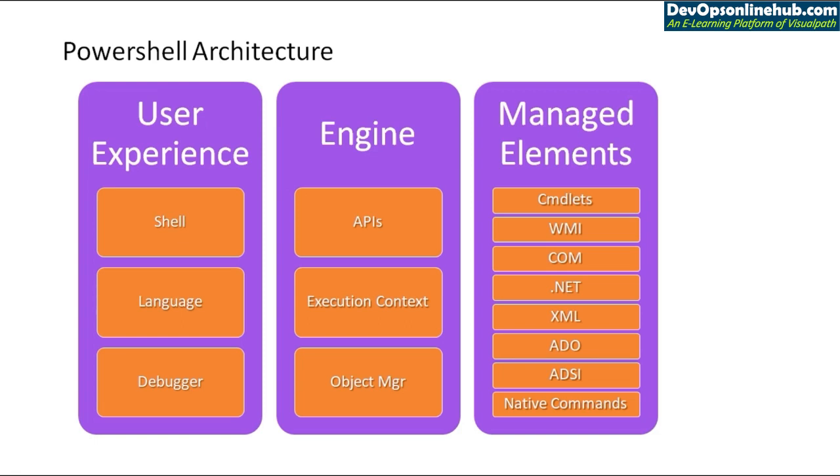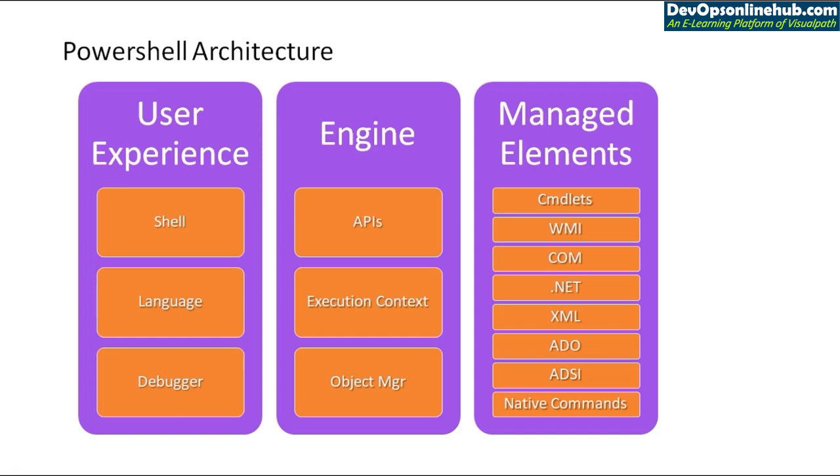It has three components: user experience, engine and managed elements. Now we will try to understand each one. So what is user experience? A user experience can be a shell, or it can be a language, or it can be a debugger. In other words, a user experience is nothing but a user who is executing a PowerShell file and from where he is executing that.